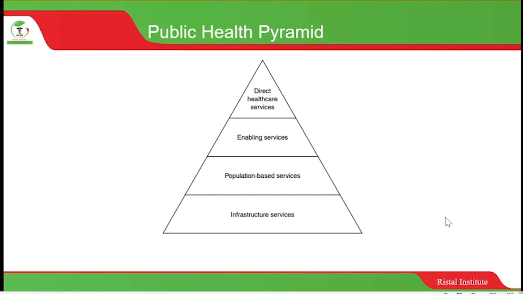So these services focus on prevention and health promotion to reduce disease and also improve health and well-being. For example, you can see programs such as immunization campaigns for all children, then epidemic surveillance and control of diseases.